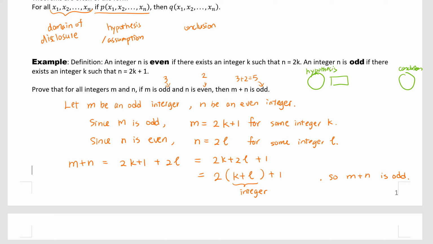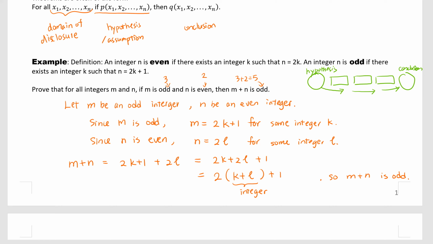We build bridges between them. Sometimes people start with the hypothesis and build bridges until they reach the conclusion. Sometimes people start from the hypothesis, build one bridge, then look at the conclusion and find another bridge, and then they connect them. So it's like building bridges.